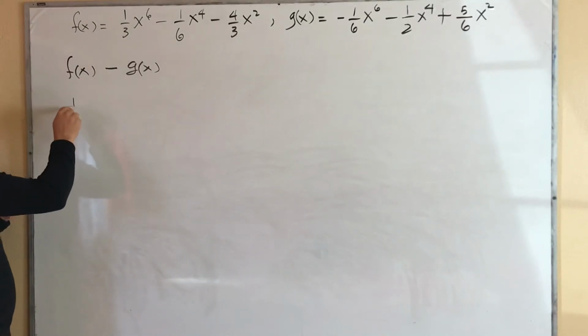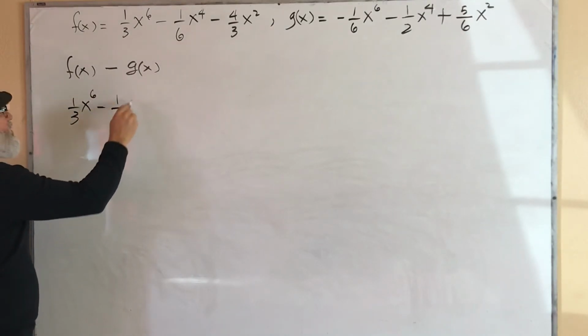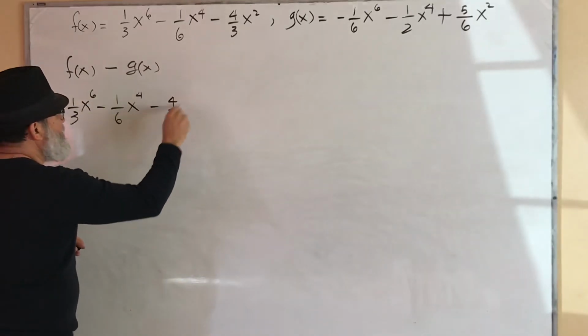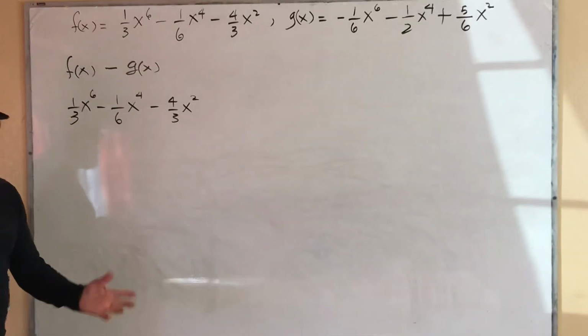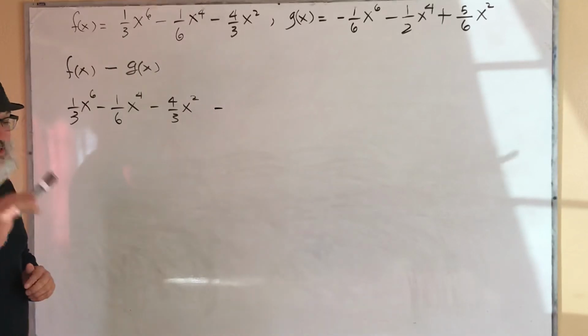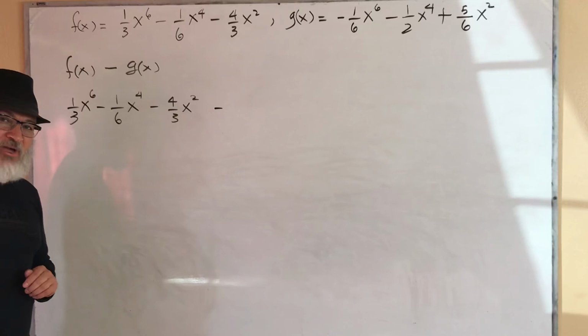Right there: 1/3 x to the 6th minus 1/6 x to the 4th minus 4/3 x squared. That's f of x. Minus. Remember what we said when we subtract? What did we say when it comes to subtraction?